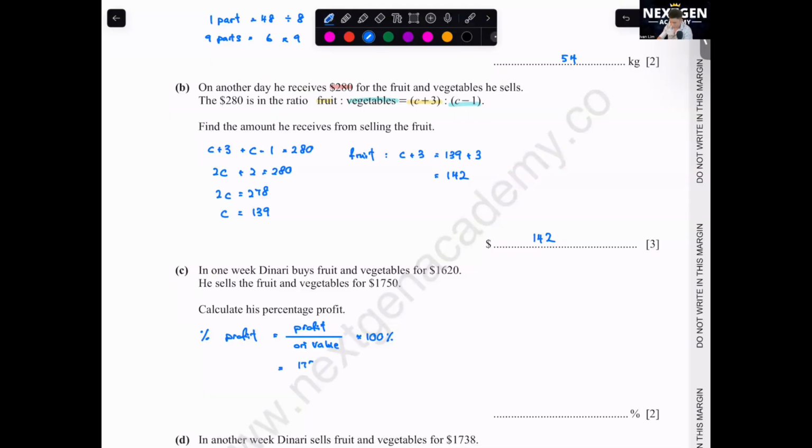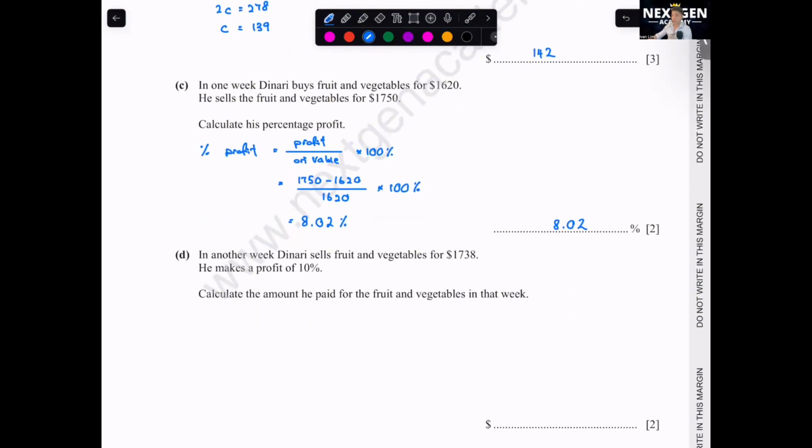We get 1750 minus 1620 over the original value, which is 1,620, multiplied by 100%. Calculate this: 1750 minus 1620 divided by 1620 times 100. We will get 8.02%.